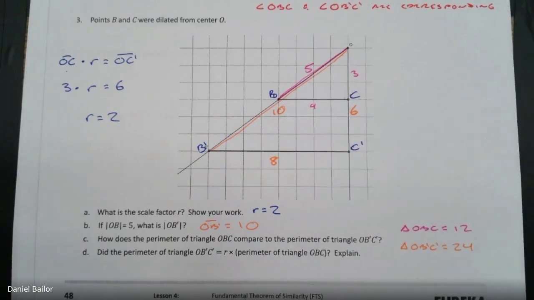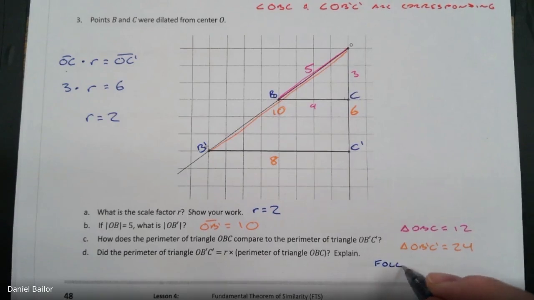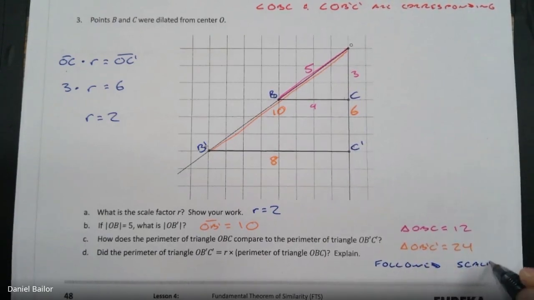And if you look at that, the original was 12, the new one is 24, which means, how does it compare? It followed the scale factor. And remember, the scale factor was R equals 2. 12 times 2 makes 24. Remember, FTS tells us that the scale factor changes every length.